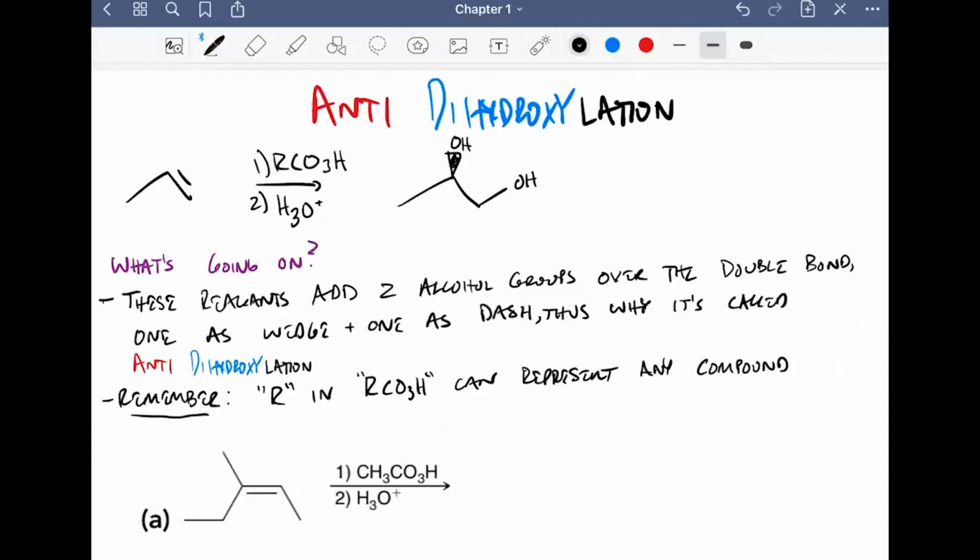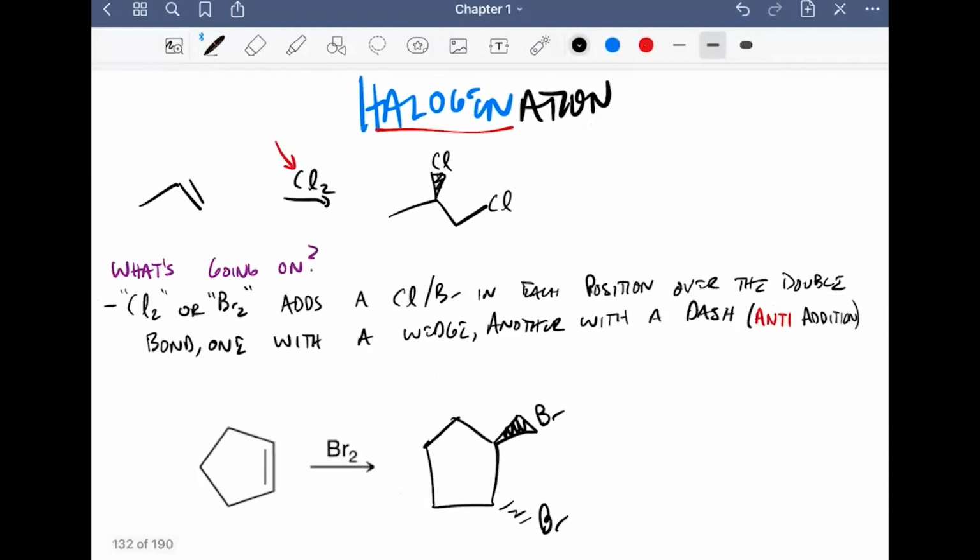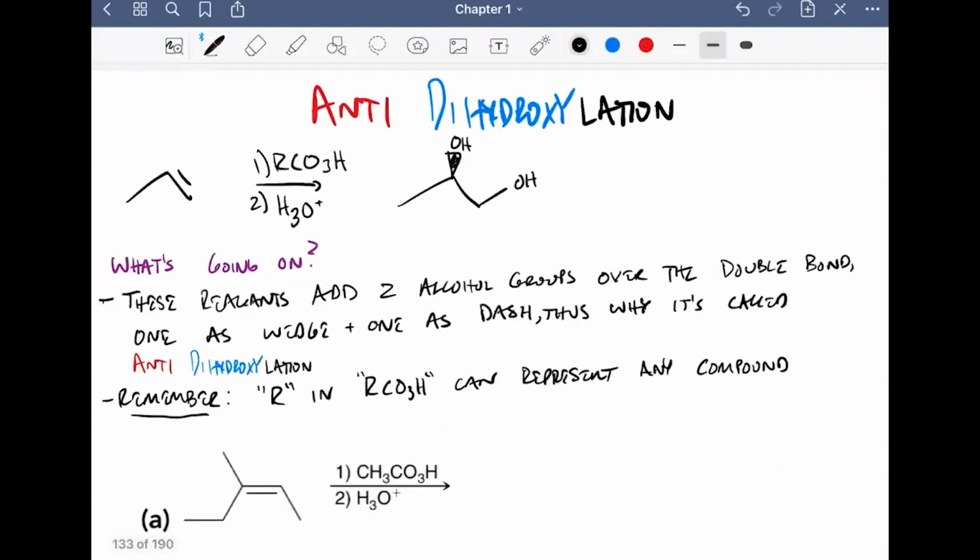All right, we added 2 halogens over the double bond. Now we're adding 2 alcohol groups over the double bond. We have anti-dihydroxylation. I don't know why that was so hard for me to say, but for this one, we have anti. So that anti suggests that we're dealing with anti-addition. So let me write that over here.